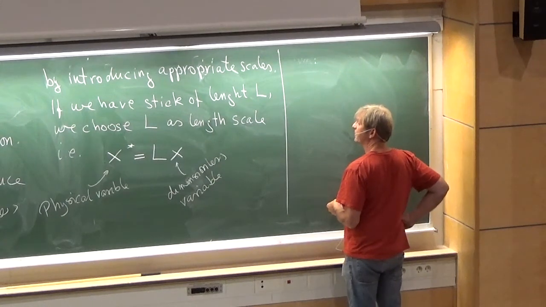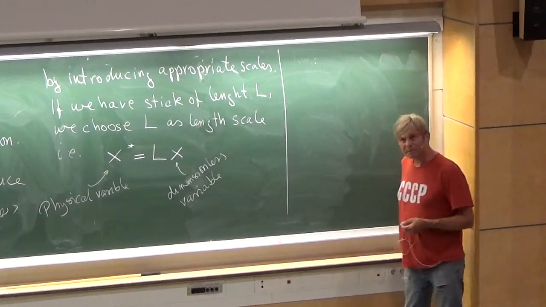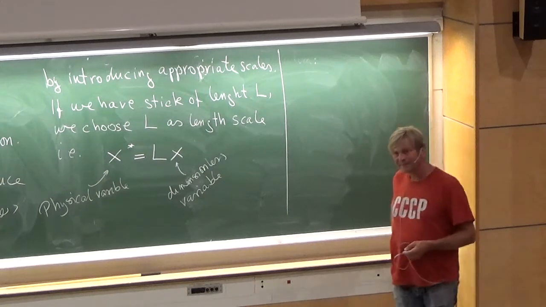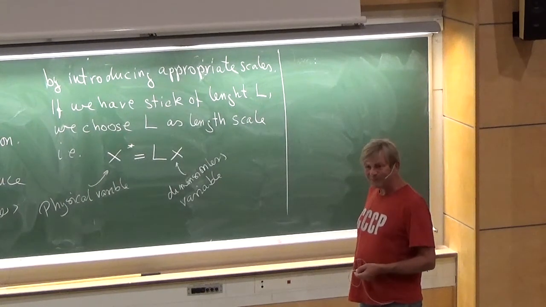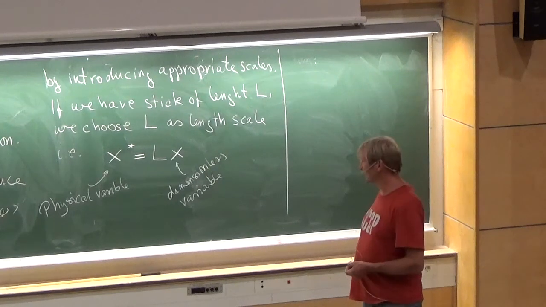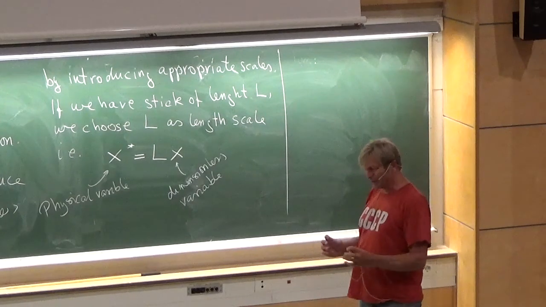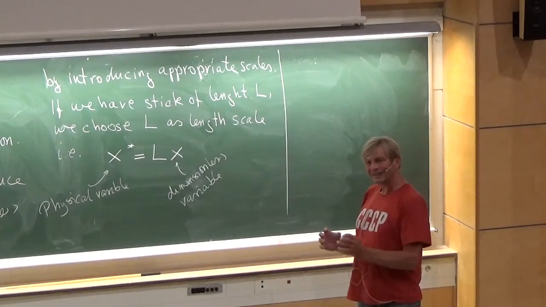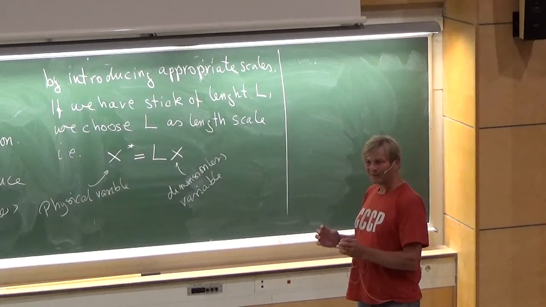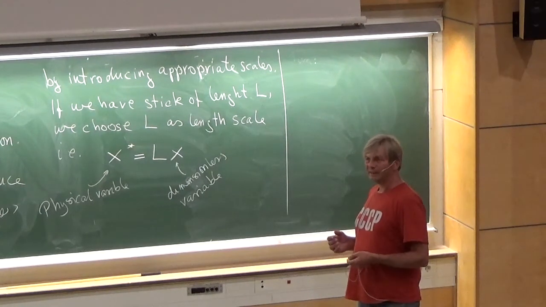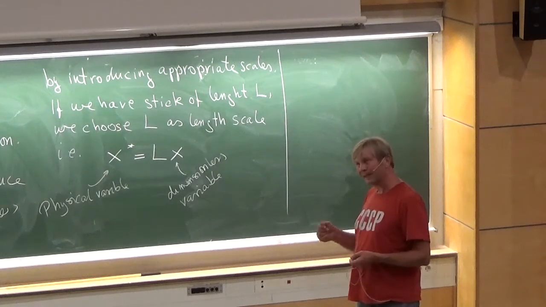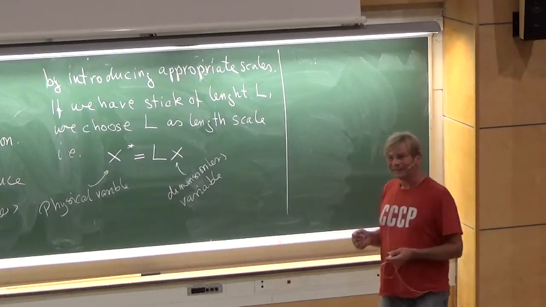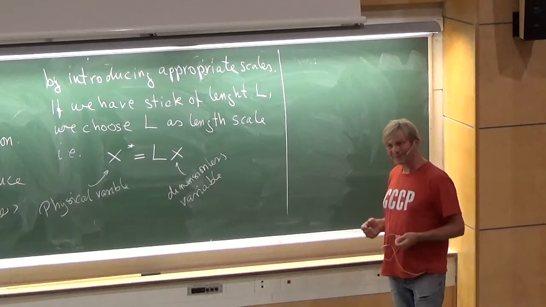So let's just illustrate this with an example. Can I ask you, why must it be between 0 and 1? It doesn't have to be. But we like to know that our variables are kind of of order 1. Say in quantum mechanics, you have Planck's constant that is 10 to the minus blah, blah, blah, so you have these ridiculous numbers.